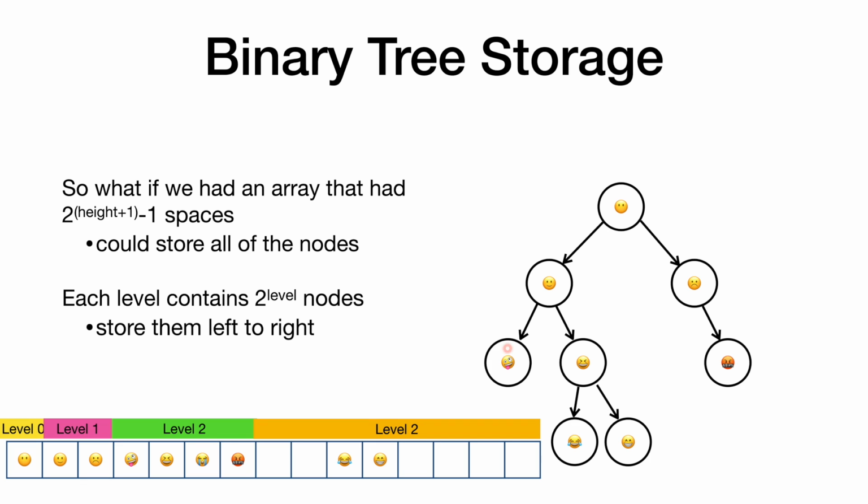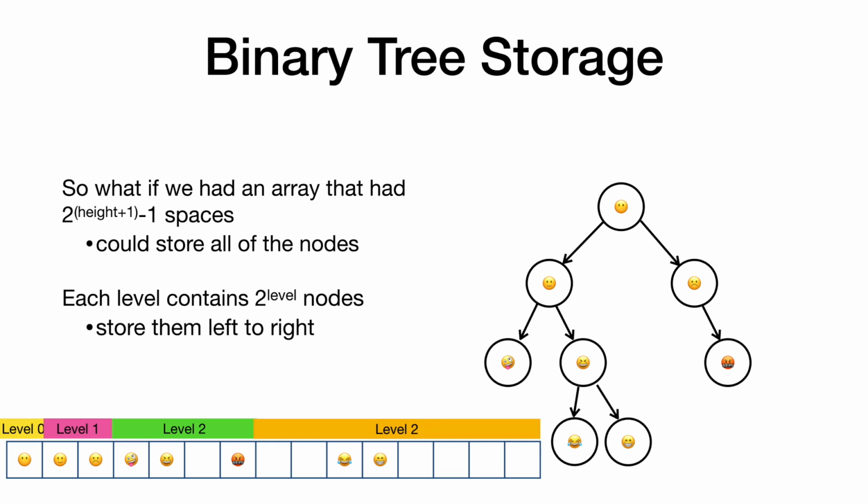Similarly, if we removed the crying face, we could just remove that element from the array, right? And we could still be able to reconstruct this tree. And here, this guy doesn't have a left child, and correspondingly, that spot in the array is empty.